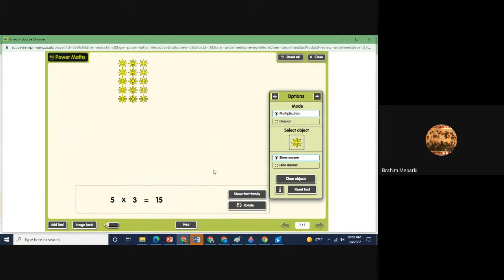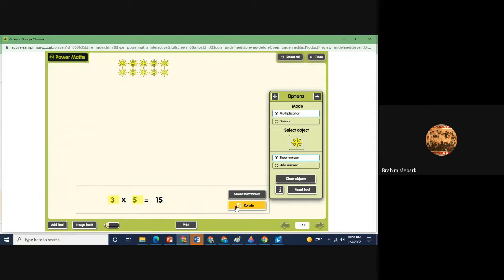So if I rotate it, what do I get? I get 3 times 5. I have a column of 3 repeated 5 times. 1, 2, 3, 4, 5. So this is 5 times 3, 15.